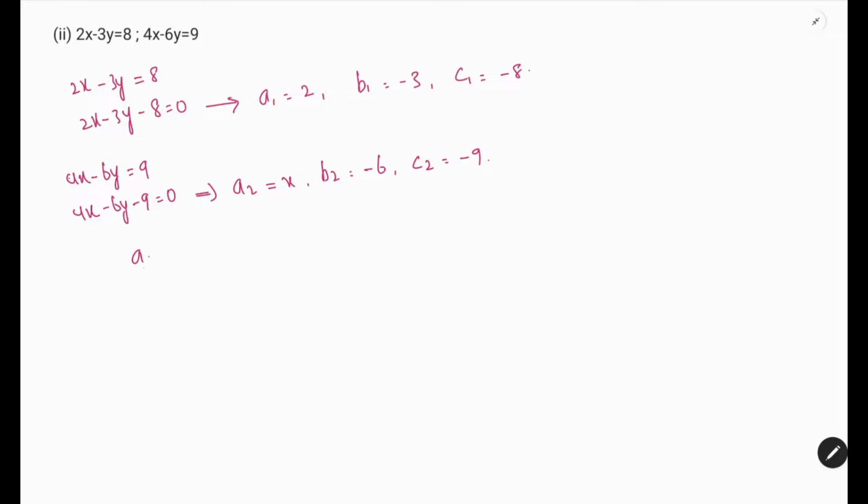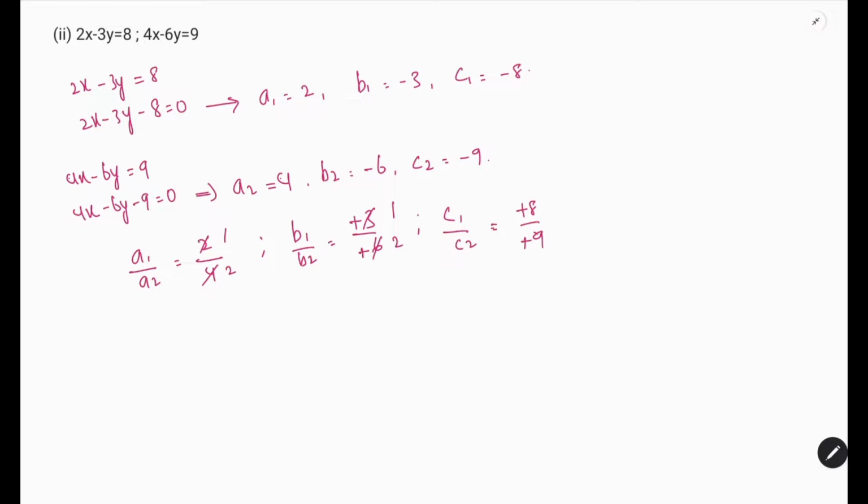Now we will find out the ratios a1 by a2 equal to 2 by 4, and b1 by b2 equal to minus 3 by minus 6, and c1 by c2 equal to minus 8 by minus 9. So here 2 by 4 is 1 by 2. Minus and minus gets cancelled. 3 by 6 is 1 by 2.